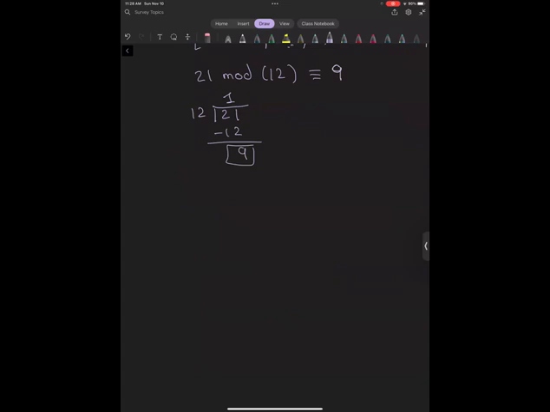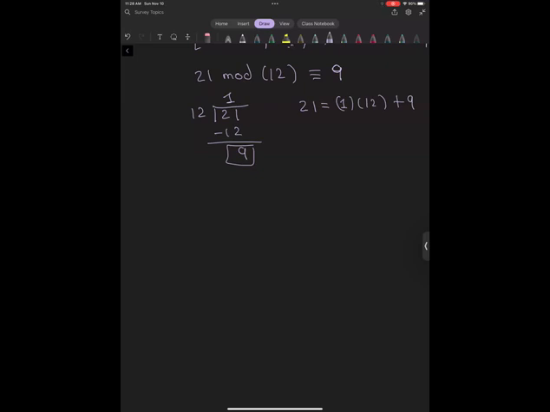And you write it like this: 21 equals 1 times 12 plus 9. And this is going to be a very important theorem that is called the division algorithm.